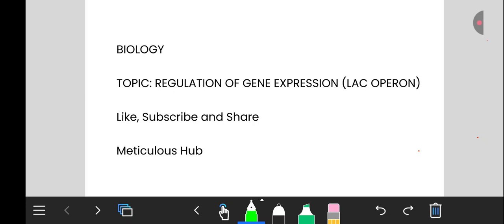Other than that, we went further to look at the structure of a certain gene. We said first, a gene is a portion of DNA that controls a specific characteristic. We looked at the structure. We said that since this gene is made up of the regulatory gene and also the structural gene, there is also a small portion which we call a coding gene.